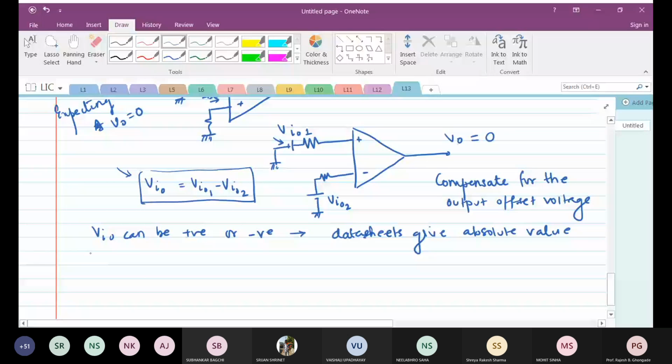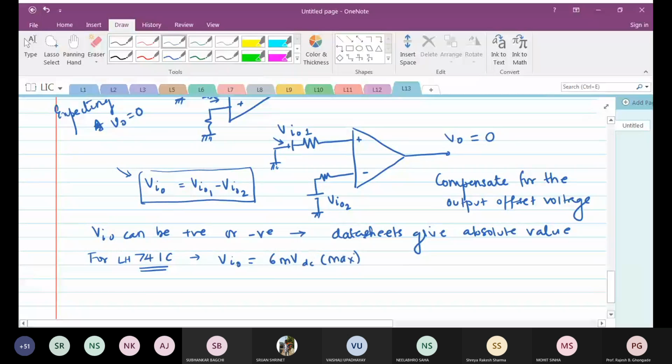Now for our example device LM741C, which is a typical and popular operational amplifier, this VIO happens to be 6 millivolts max.